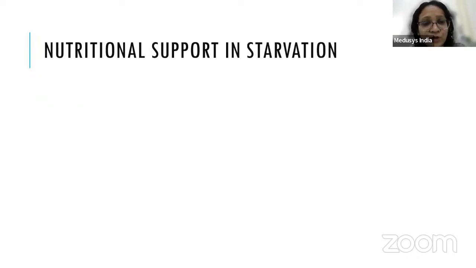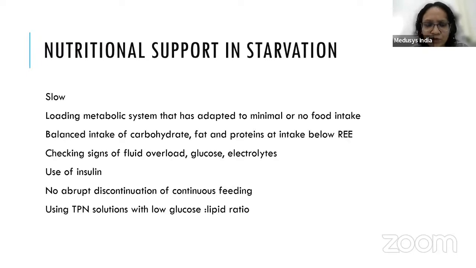So if we wish to support a patient in starvation nutritionally, how should you go ahead with it? We have to support that slowly, because it is loading a metabolic system that has adapted to minimal or no food intake.